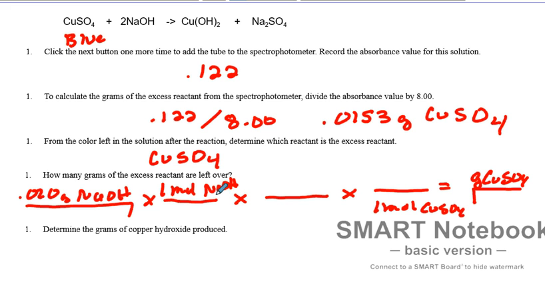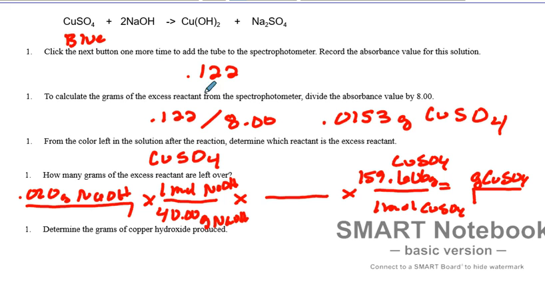So here I'm going to put the molar mass, so it's going to be 40.00 grams of sodium hydroxide. That's just the molar mass of sodium hydroxide. Over here, I'm going to put the molar mass of copper sulfate, which is 159.606. So that's grams of copper sulfate.